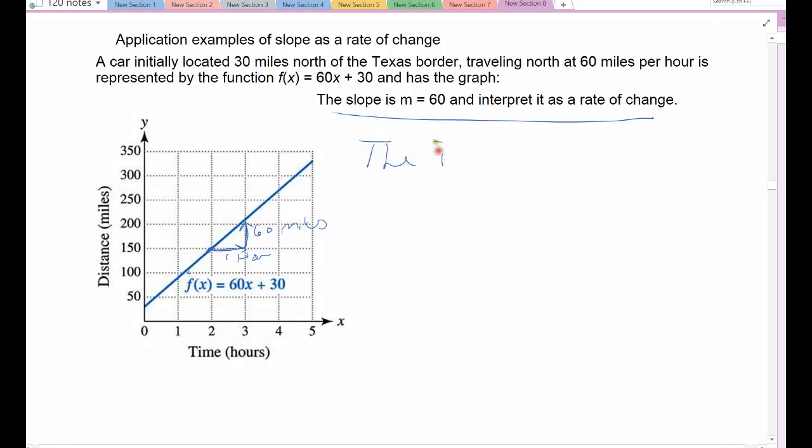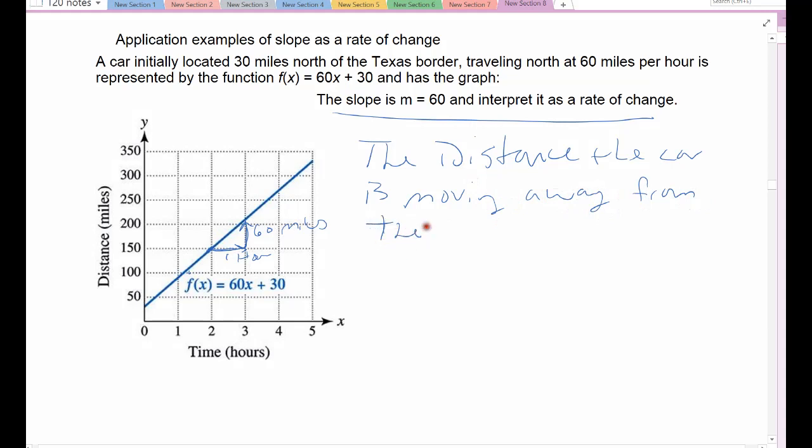So the distance the car is from the Texas border is increasing, because the slope is positive, by 60 miles.